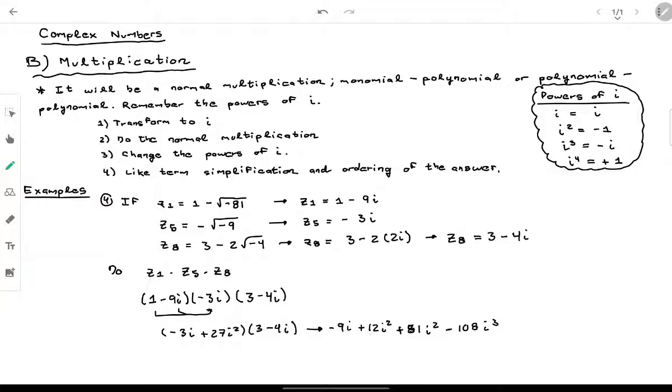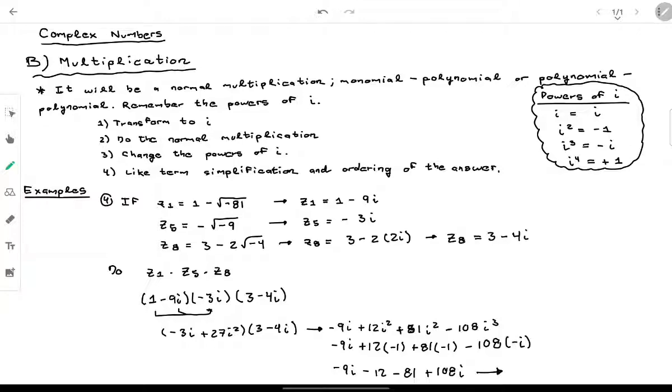After that, we can change the powers of I. So it's going to be minus 9i plus 12 that multiplies, remember, I squared it's minus 1, plus 81 that multiplies I squared, that it's minus 1. And remember, I cubed it's minus I. So it's going to be minus 9i minus 12 minus 81 plus 108i.